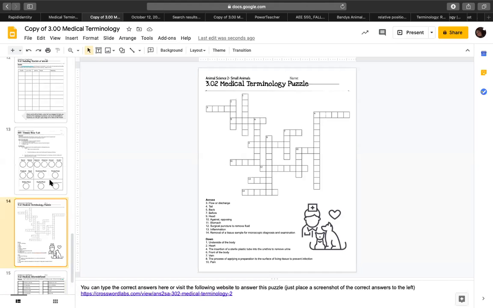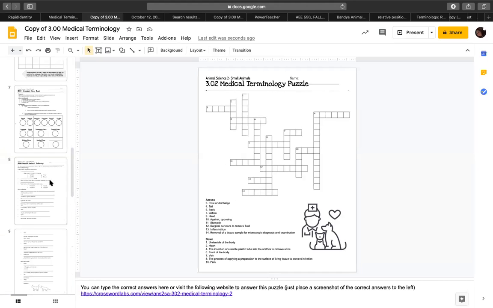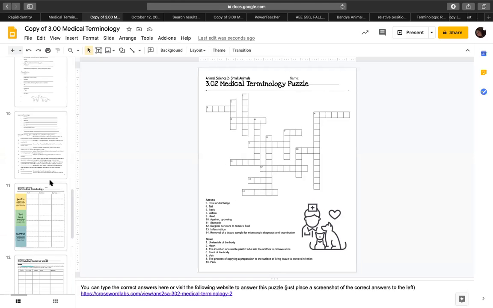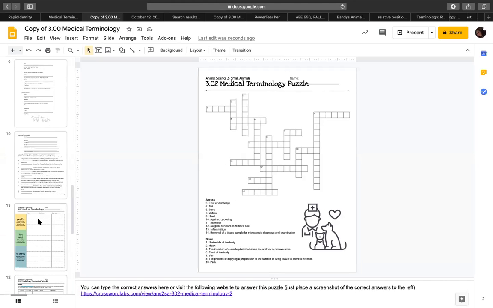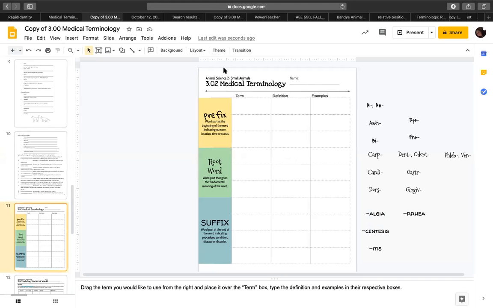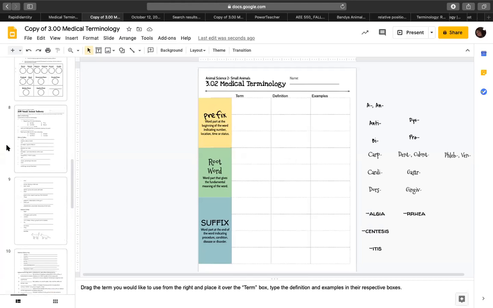Yeah. I have 9 also. So do y'all have the crossword and this worksheet? Yeah. Okay.